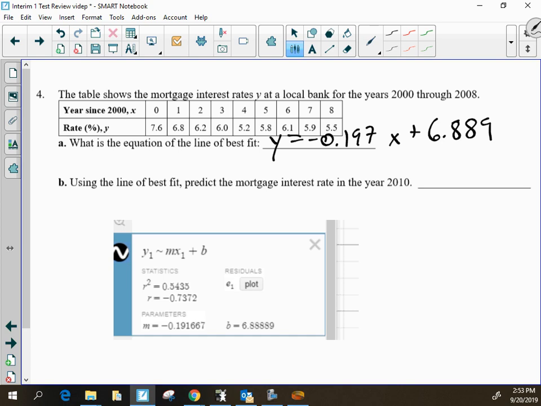Now, the only tricky part here is that these numbers are years since 2000. So when we want 2010, what we are going to put into the equation is not 2010, but just the number 10, because 2010 is 10 years after the year 2000.